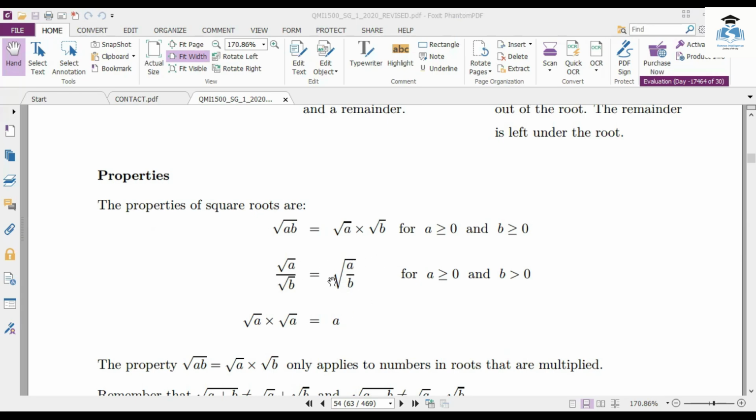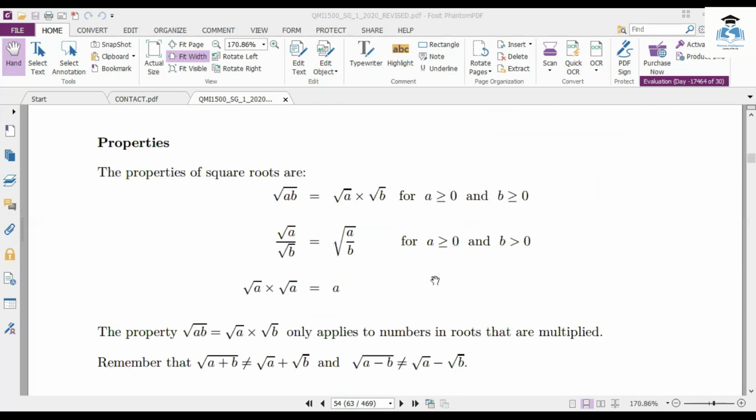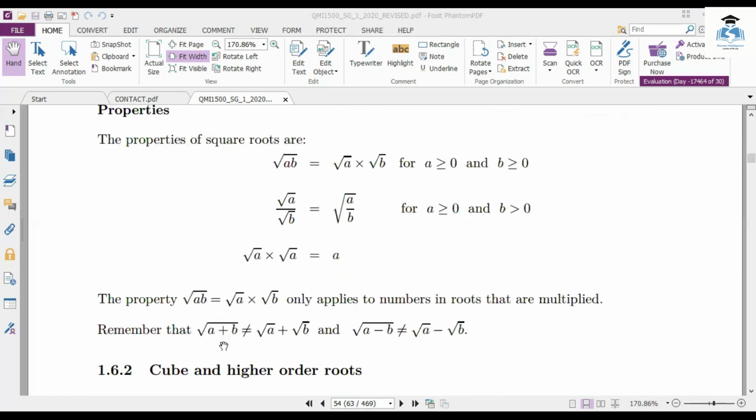So take note of these ones as well. And root of a plus b is not the same as root a plus root b. And also root of a minus b is not the same as root a minus root b. So take note of these. You might need them later.